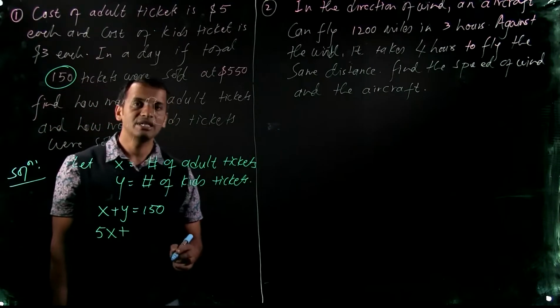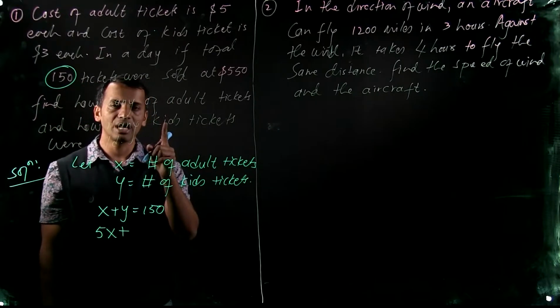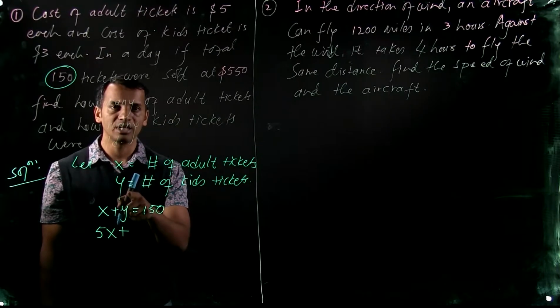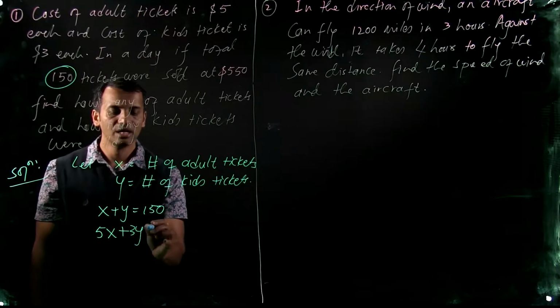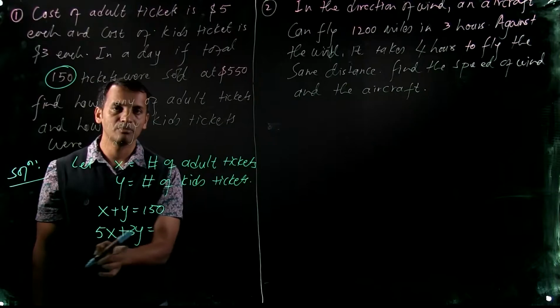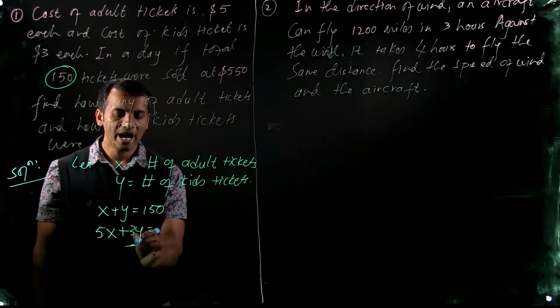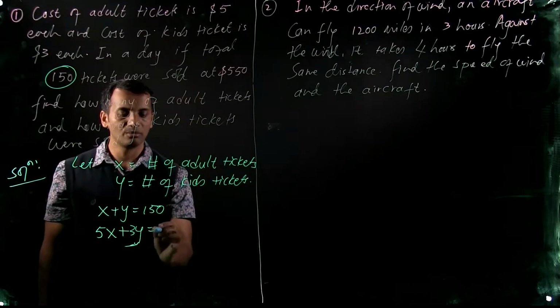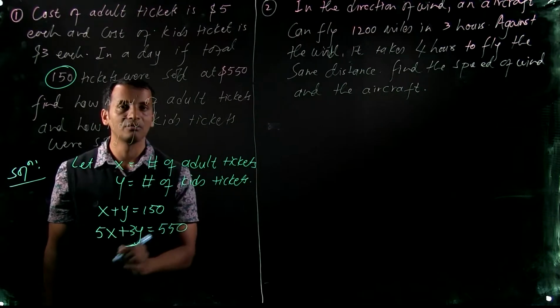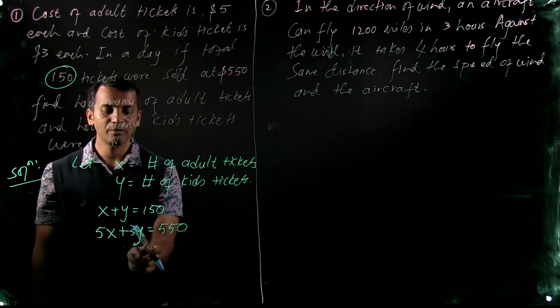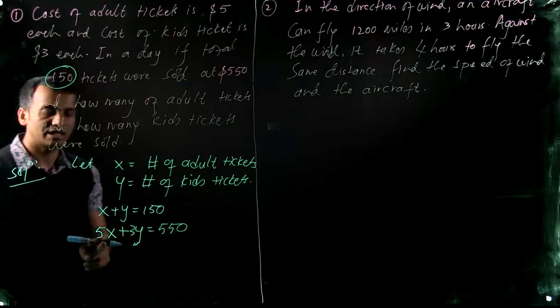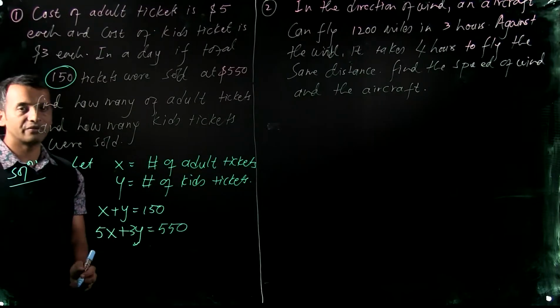Similarly, one kids ticket costs $3, and you sell y kids tickets, so that will be 3y. The question gave us the total money as $550, so 5x plus 3y equals 550.